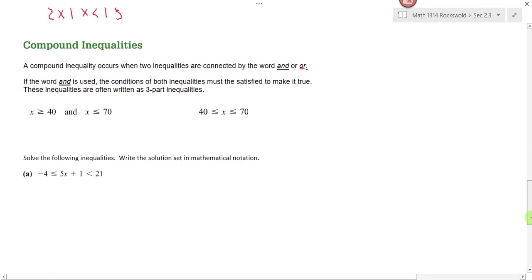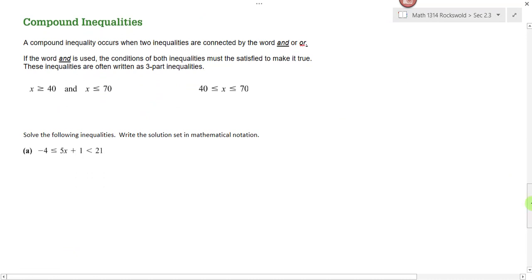Good point. The last thing we're going to talk about is compound inequalities. A compound inequality occurs when two inequalities are connected by the word and or. If the word and is used, the conditions of both inequalities must be satisfied to make it true. These inequalities are often written as three-part inequalities. For example, we have x is greater than or equal to 40 and x is less than or equal to 70.